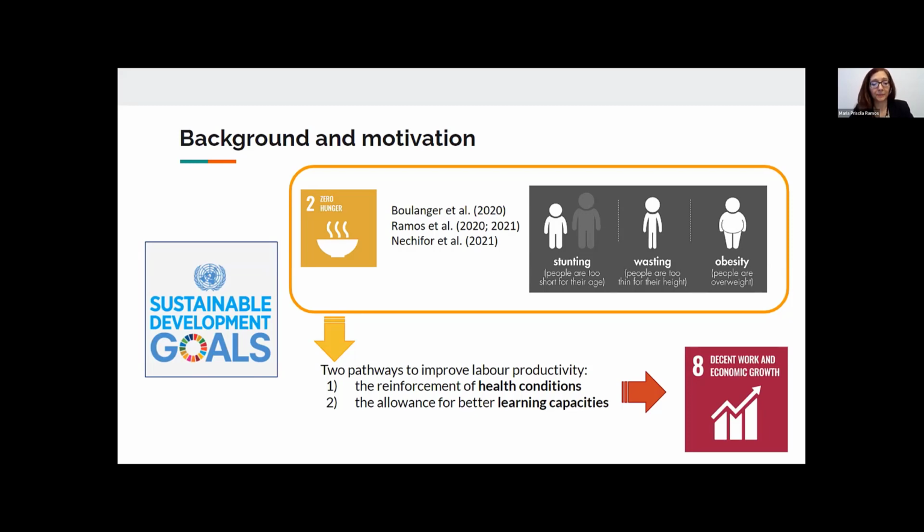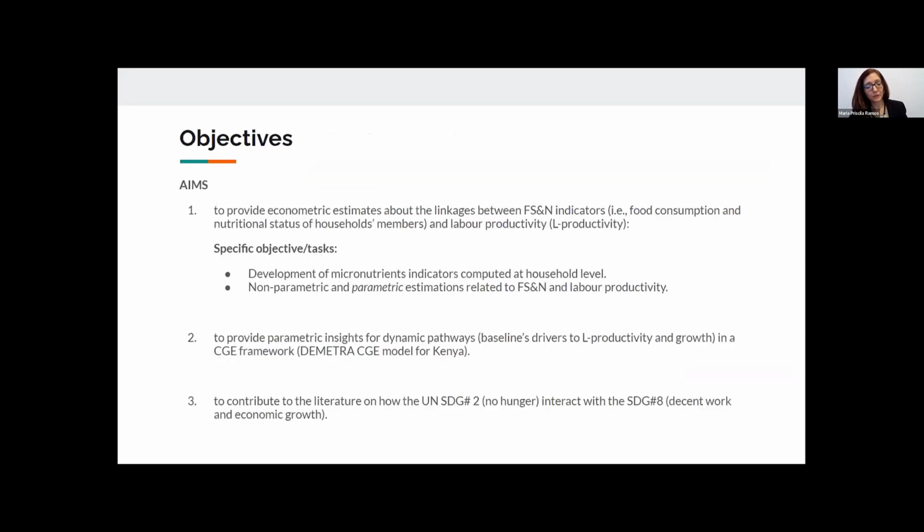So these are the motivations for our project, and the aim of this particular presentation is to provide some preliminary econometric estimates about the linkage between food security and nutrition indicators and labor productivity.